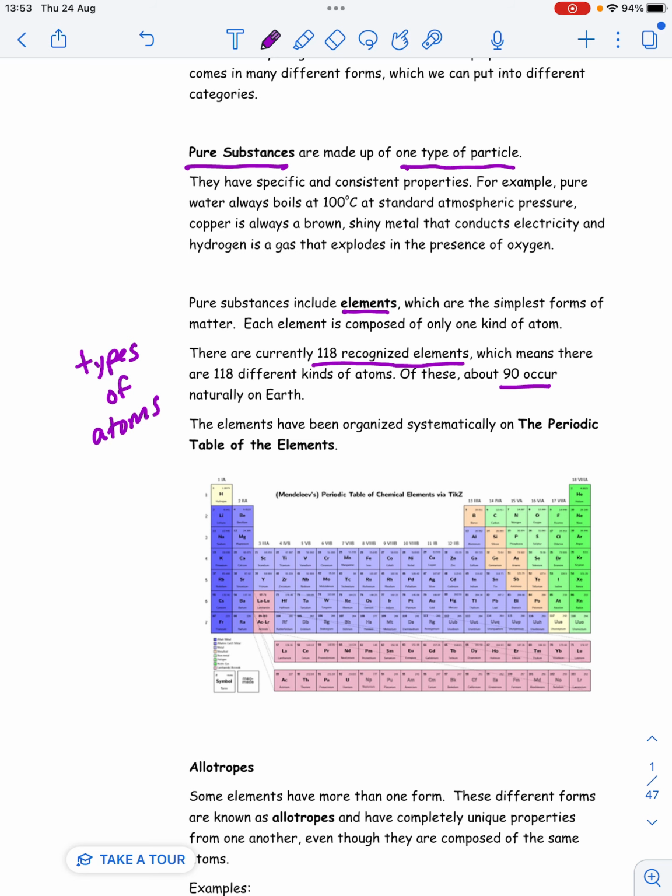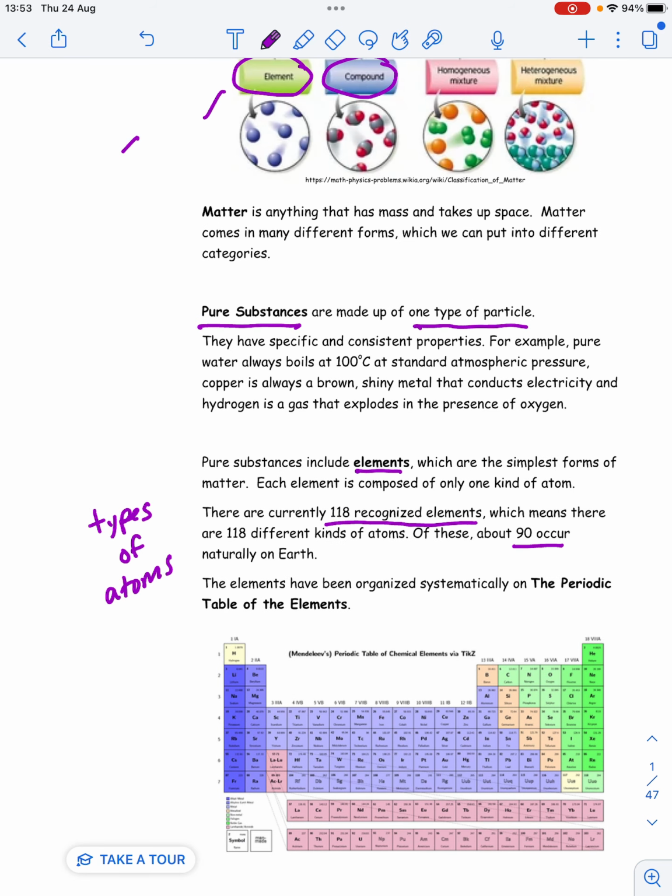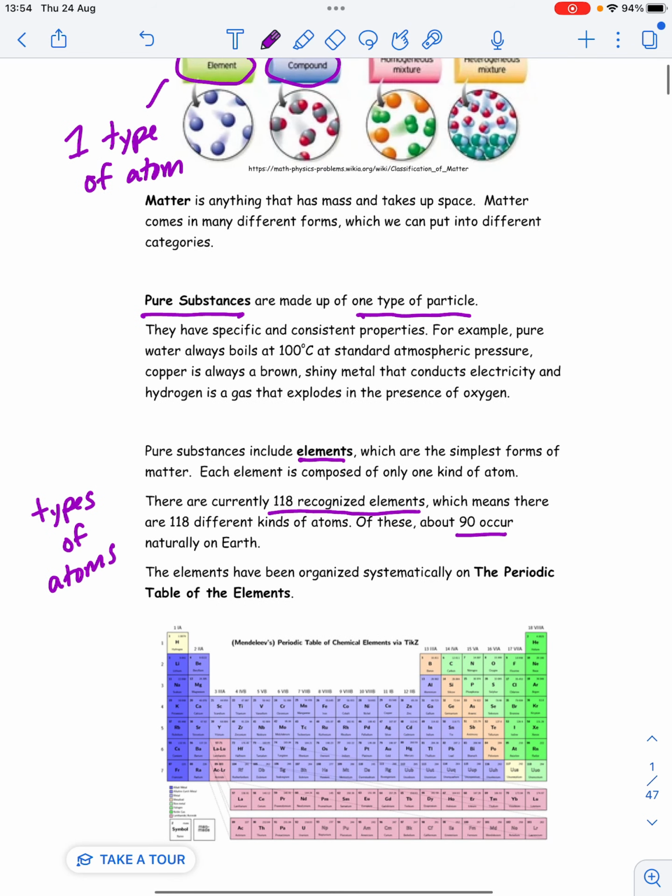So elements are made of one type of atom. You can have molecules with elements, you can have single atoms for elements, big networks of atoms for elements, but there's only one kind of atom in an element. The compounds, on the other hand, always have at least two different elements combined.